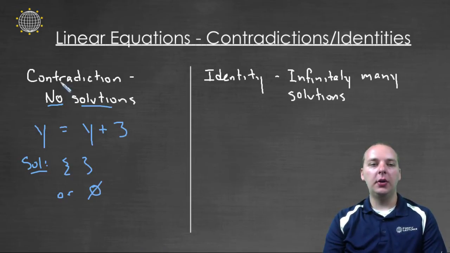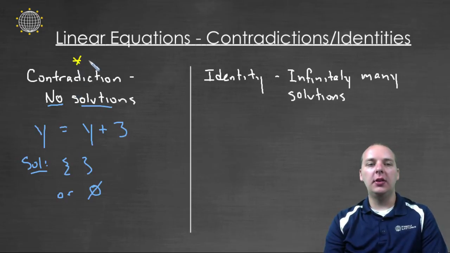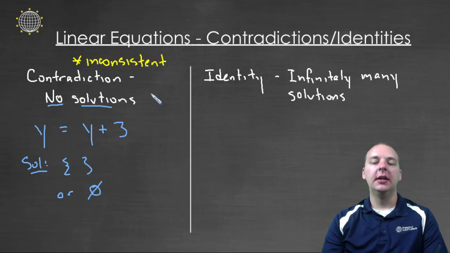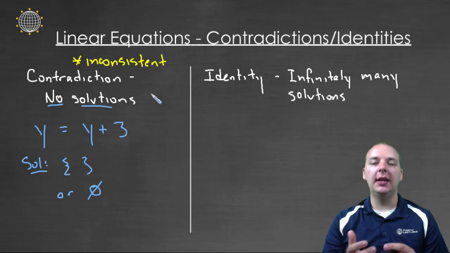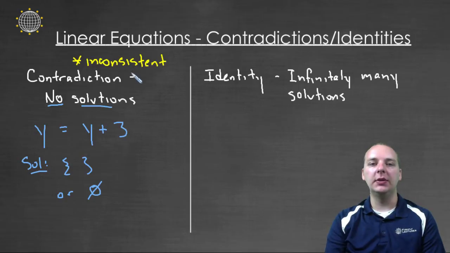Another word for an equation that has a contradiction is inconsistent. This is a popular phrase that some textbooks use to indicate that the equation does not have any solutions. So some textbooks use the word contradiction, some use the phrase inconsistent equation.